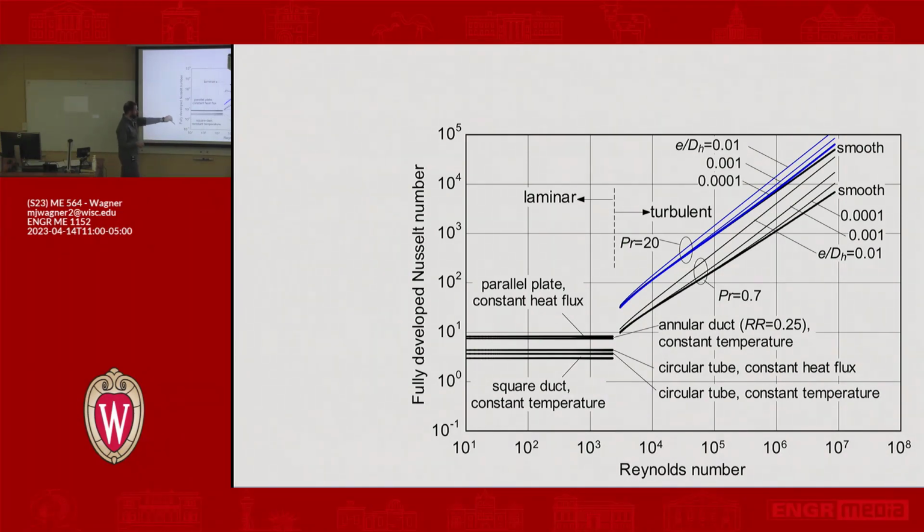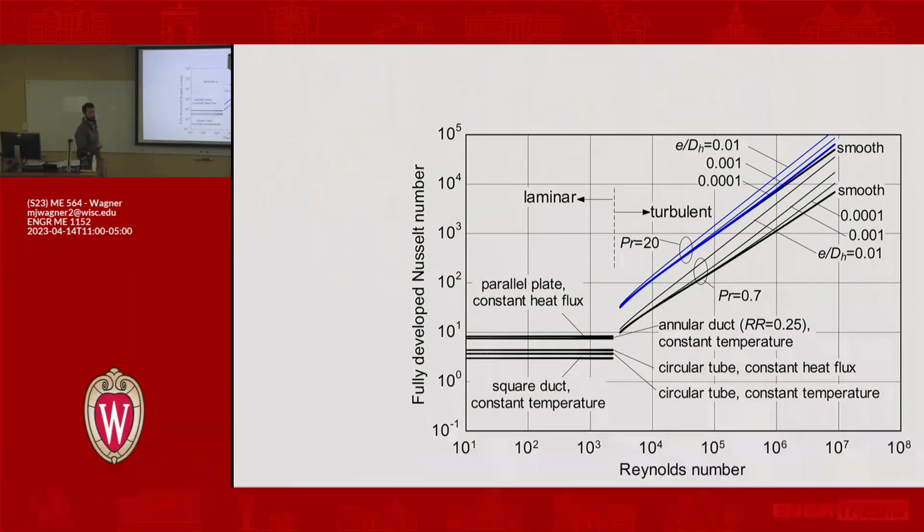Here in the laminar region, you have things that are a function of just the shape of the duct or the shape of the opening. One interesting thing is that if you have fully developed laminar flow, things aren't changing. So you can just memorize that if you have a constant heat flux, the Nusselt number is 4.36.